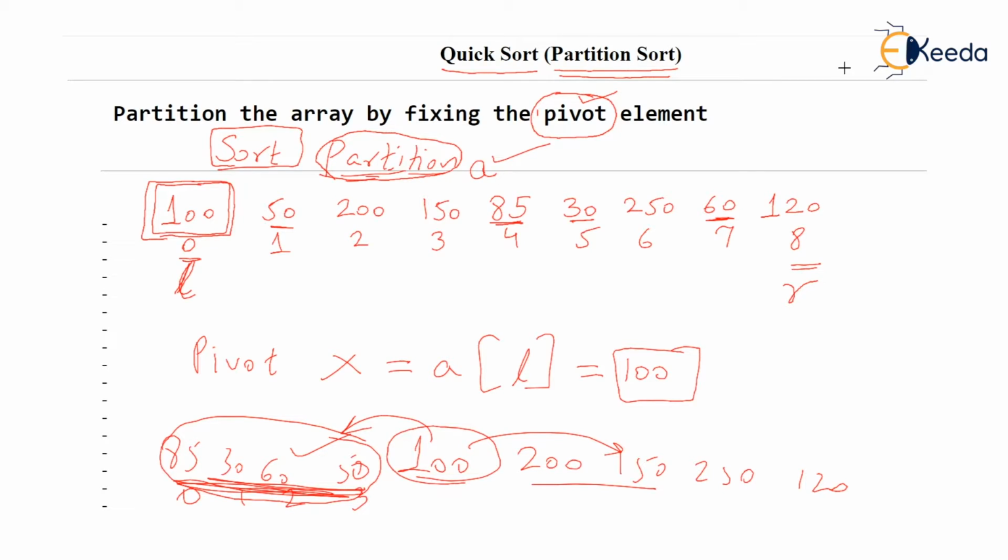If 100 is fixed at the fourth place, then we can say 100 has finally gone to its position, and this 100 will never move now, because in our final sorted array we will get 100 at the fourth place. Everything to the left of 100 will be less and everything to the right of 100 will be more than 100, so surely 100 is at its final place. That is what is called the partition process.